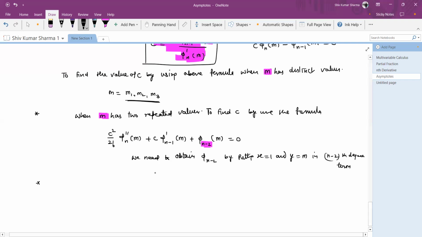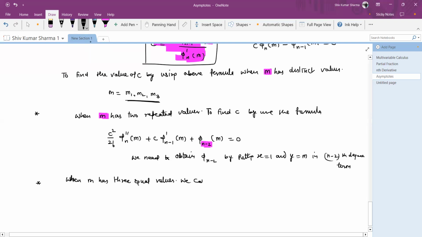Now we talk about the value of m again. When m has three equal values, how do we calculate c?